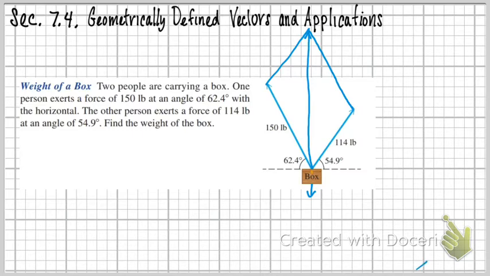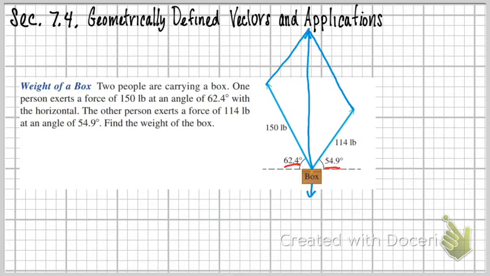Okay, so the way to do this is when I take a look at the initial here, let's see what information we're given by this picture here. And if I take a look at this, this is where we're at. So we do know 62.4 degrees and we know 54.9 degrees.